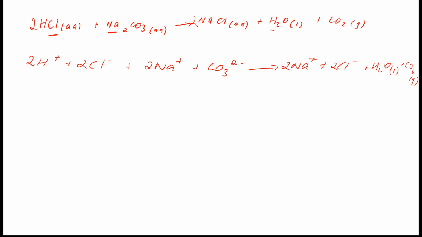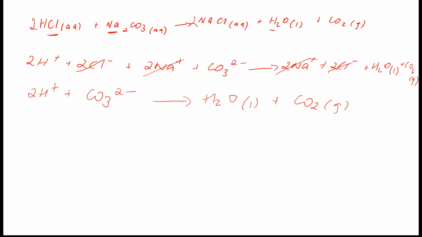Make sure you try to make some space, unlike what I just did. We've got chlorines on both sides that we can get rid of, and sodiums on both sides that we can get rid of. What we are left with is 2H plus and CO3 2 minus forming H2O, which is a liquid, and CO2 gas.